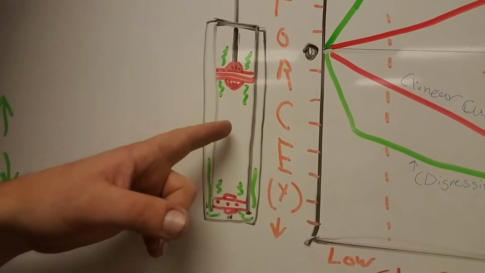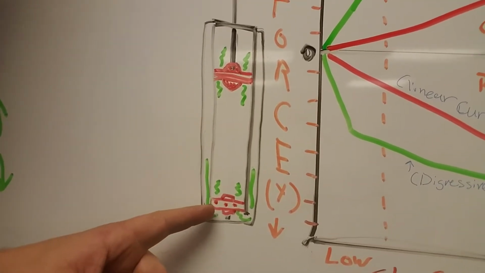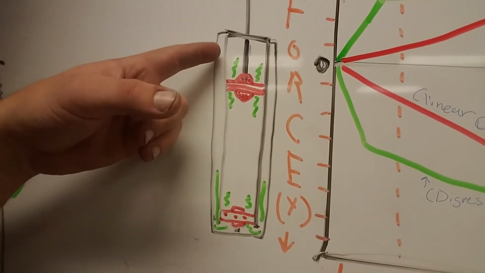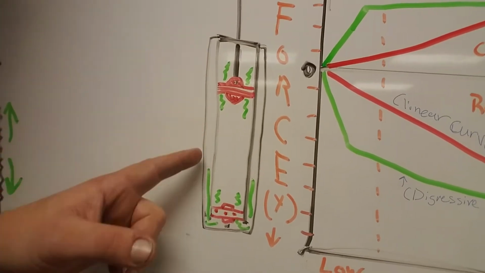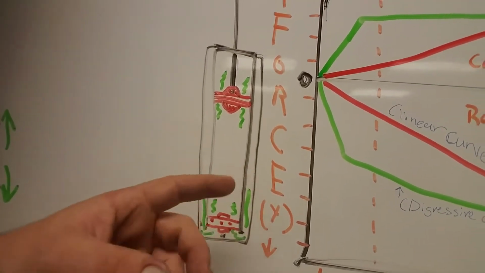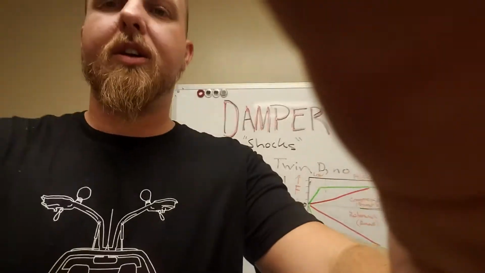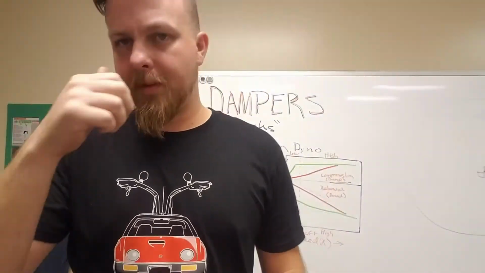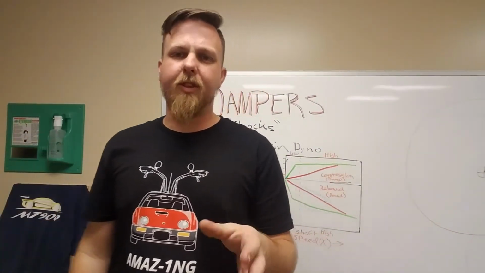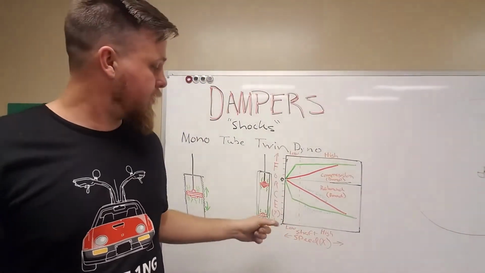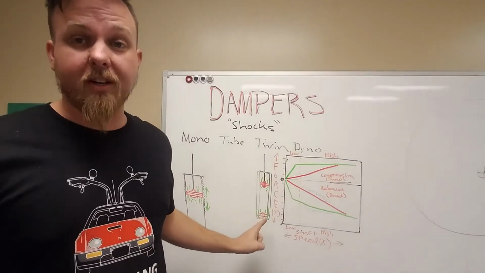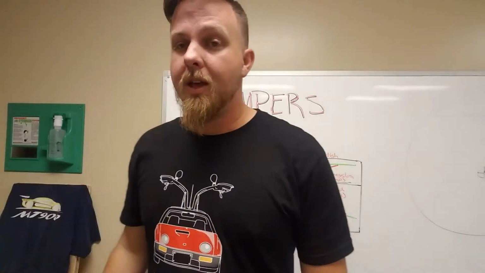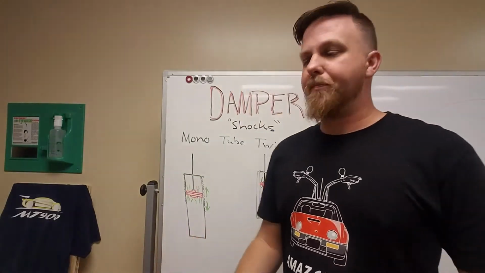The fluid can flow through this foot valve and then around into the second tube. What this does is a twin tube allows considerable fluid volume for the same size damper. The damper can also have a bit more control because you're able to affect a few more things with the rebound. Pros and cons, monotube.